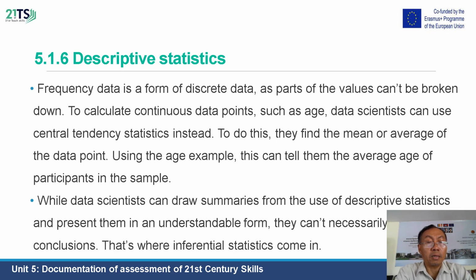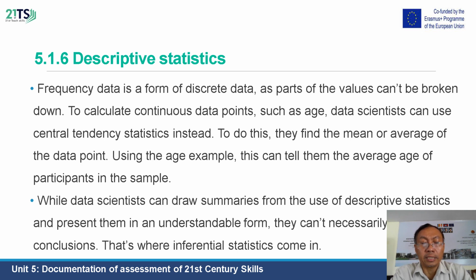Frequency data is a form of discrete data as parts of the values can't be broken down. To calculate continuous data points, such as age, data scientists can use central tendency statistics instead. To do this, they find the mean or average of the data point.